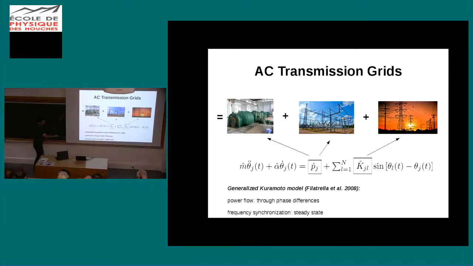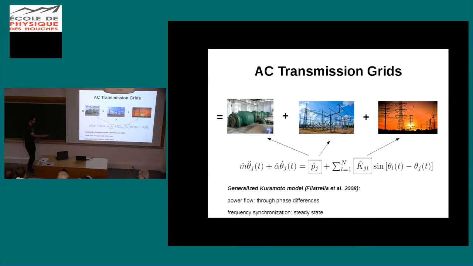Okay? So what do you need to have stable grid operations? I'm sorry, it's a bit cut off here at the end. But anyways, you have the power flow that is just a function of the phase difference, a sinusoidal function of the phase differences. The frequency synchronization can be described as a steady state of those equations if you enter a co-rotating frame that spins with 50 hertz. This makes things easier mathematically.